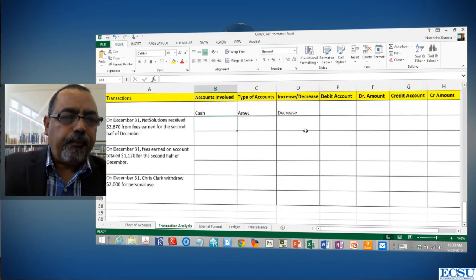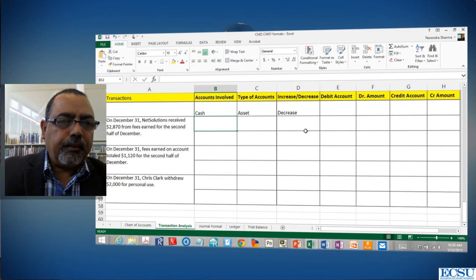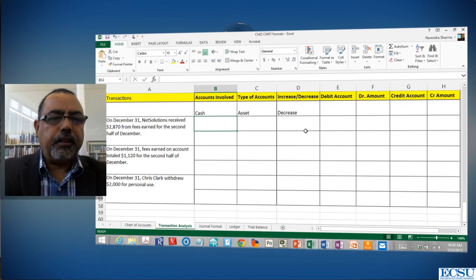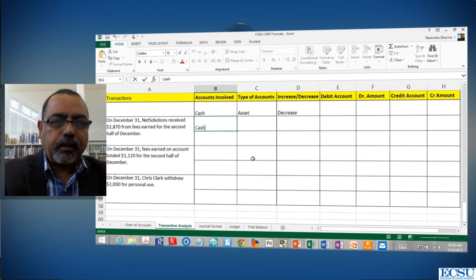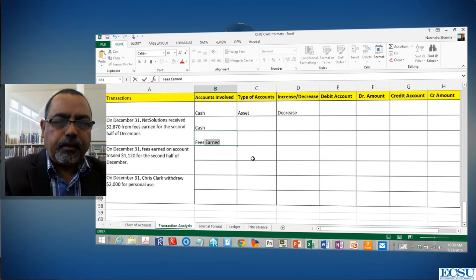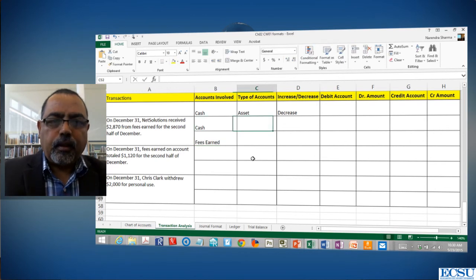Okay, now next is on December 31st, Net Solutions received 2,870 from fees earned for the second half of December. So that means we are receiving for fees earned. The two accounts involved are cash and fees earned. Cash is an asset, fees earned is a revenue.